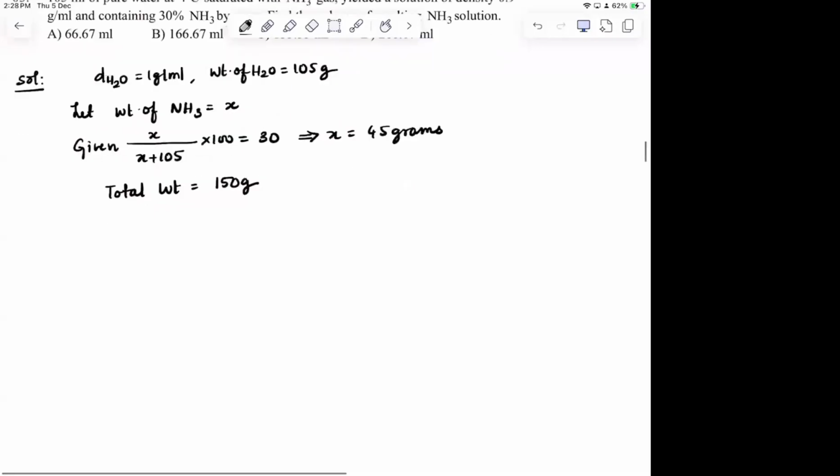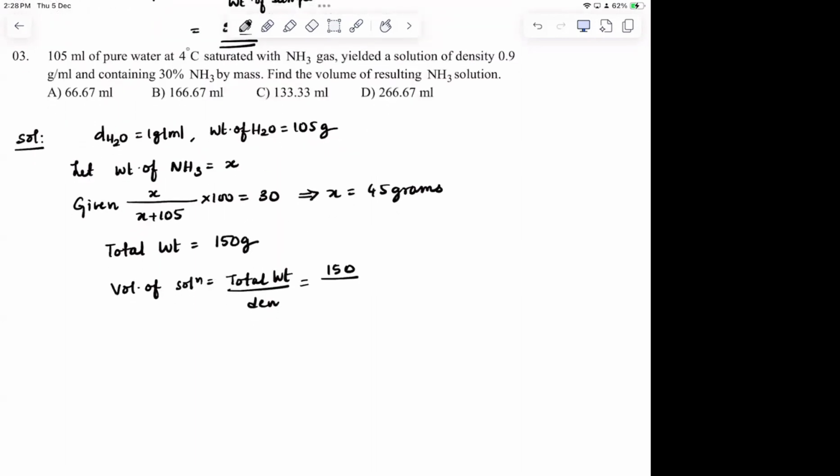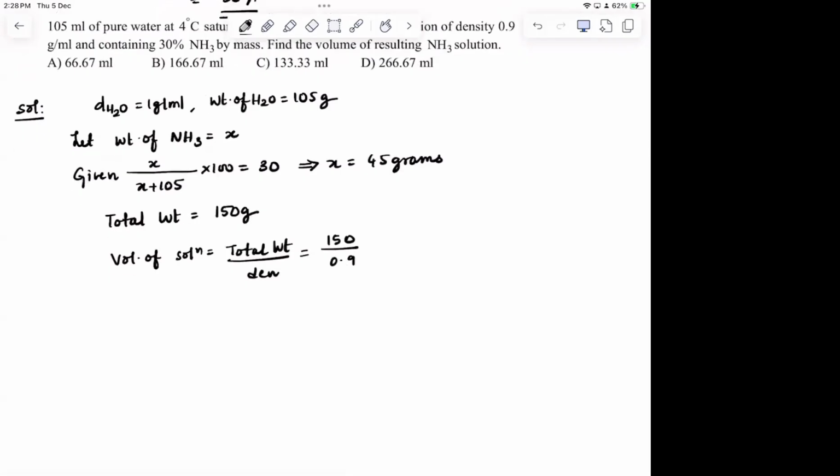So since it is 150 grams, what is the volume of solution now? Volume of solution will be total weight divided by density. So total weight is 150 divided by density of solution, which is already given to us, 0.9, right? So therefore, this is coming out to be 166.6 ml.